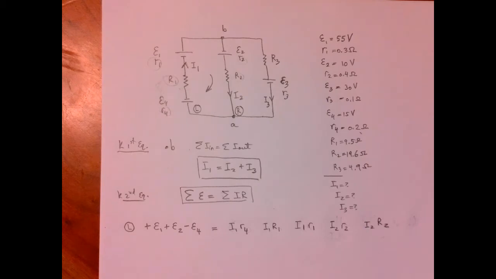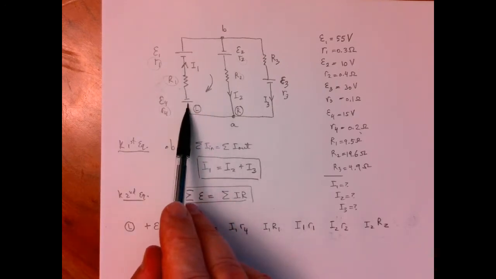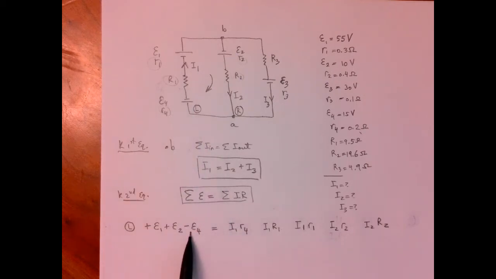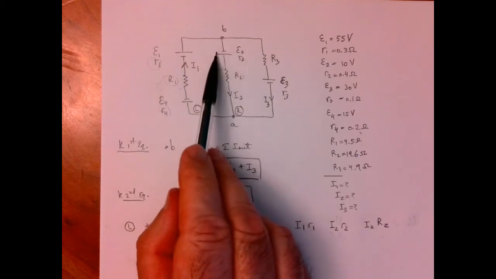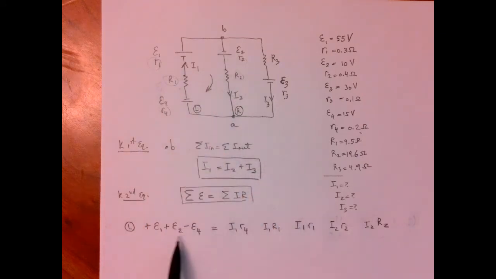This will also be positive. So please pause for a moment and try to appreciate each of these signs. I'm crossing the battery from plus to minus, which is negative. I'm crossing this battery from minus to plus, which makes it positive, and I'm crossing this battery again from minus to plus, making this positive again.